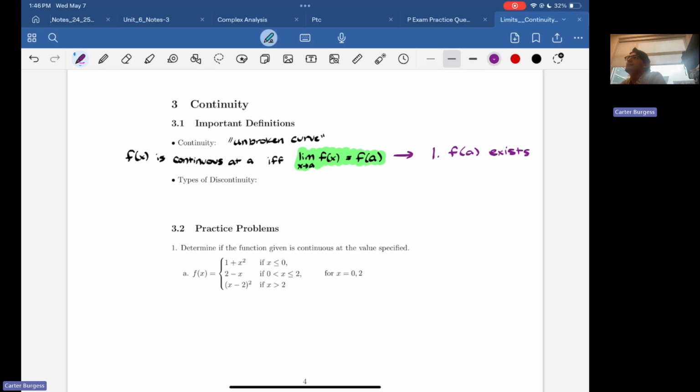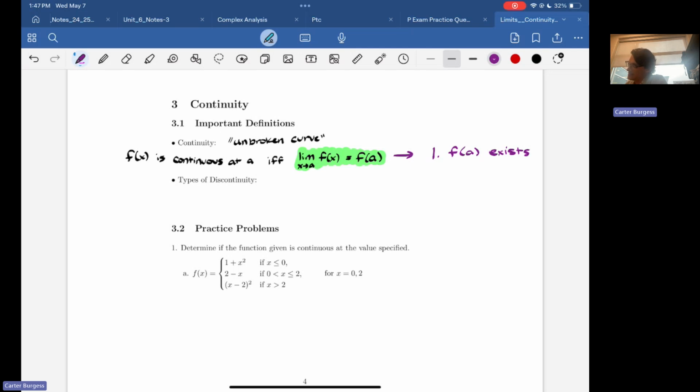No. Therefore, not continuous. We'll see that there's a little bit of an exception to these examples, but that's fine. If we can't actually plug in, then our function would not be continuous at that point.